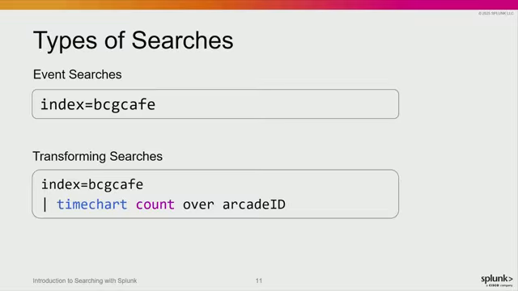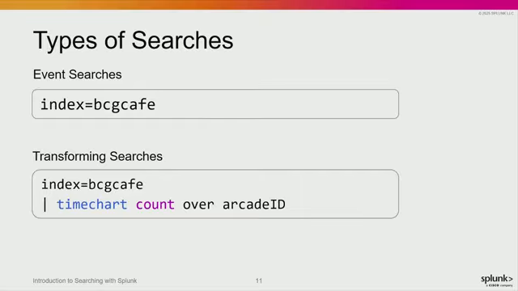Now, I'm not going to go into the syntax on this slide just yet, but this is a teaser on what's to come. Time chart is a command covered in our introduction to searching with Splunk course. But from what we can intuitively guess from the terminology on this slide here is that we've got a count function. And so with that count, it's going to count the number of events that have occurred.